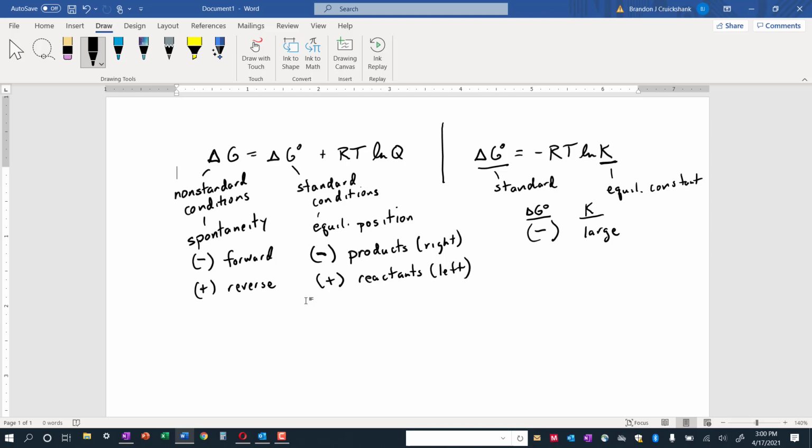Negative delta G tells us products are favored, and if products are favored, we should end up with a large K. Positive delta G standard, we should end up with a small K. Reactants are favored at equilibrium, small equilibrium constant. You should know this already, but it's a nice review to start.